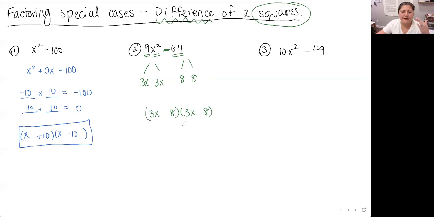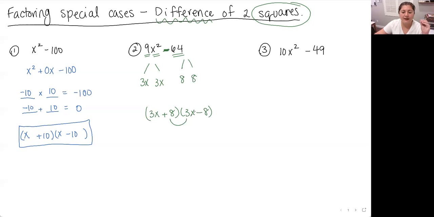But just like any of my difference of two squares problems, I'm looking for this plus 0x. That's going to be in the middle of this section here. And in order for me to be able to get this plus 0x, I need a positive 8 and a negative 8, right? And so I'm going to show you how this works.